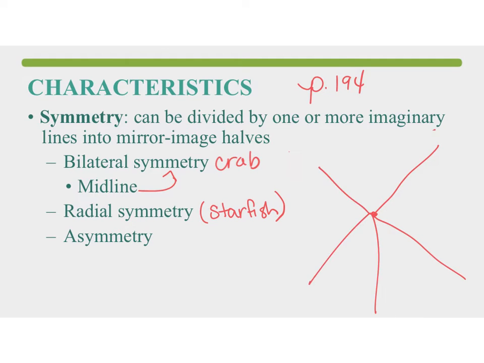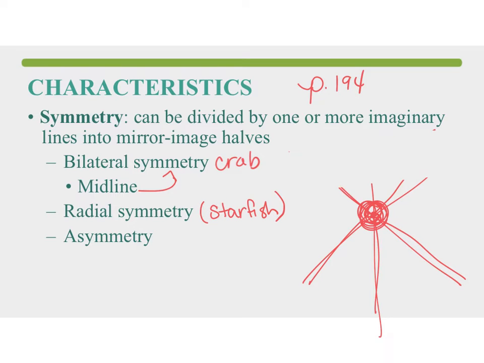You have a center point, called a hub. So it's radiating; it's not just divided into two or three, it's divided into more, sort of like a bicycle.